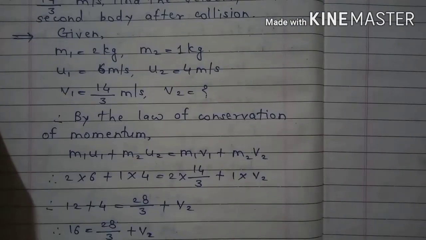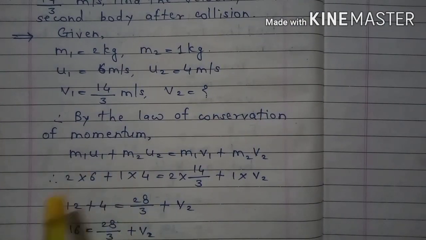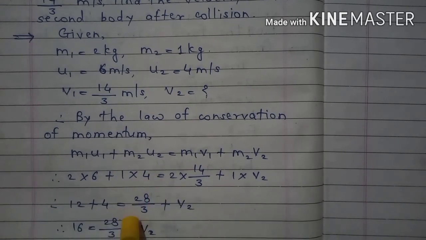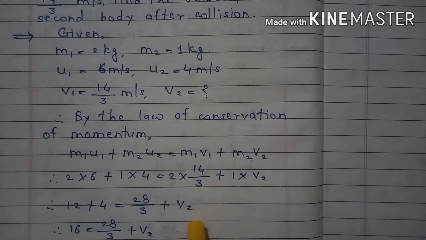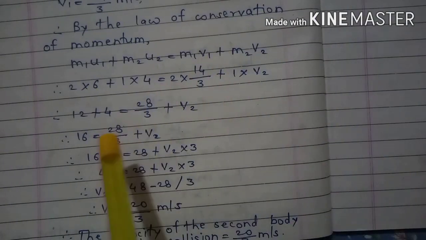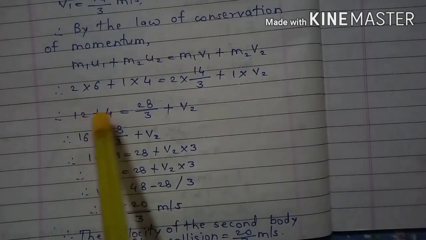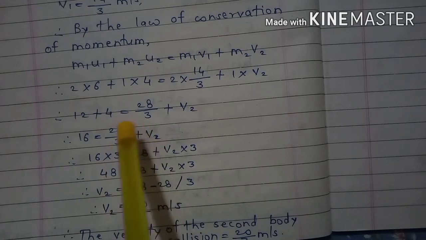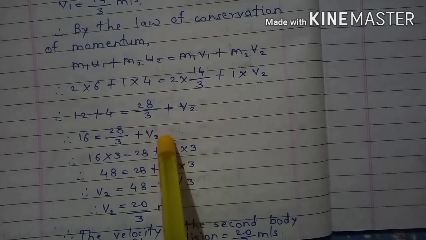So after that we have to calculate 2 into 6, that is 12, 1 into 4, that is 4. Okay, so is equal to 14 2s are 28/3 plus v2. Okay, then afterwards 12 plus 4, that is 16, is equal to 28/3 plus v2.